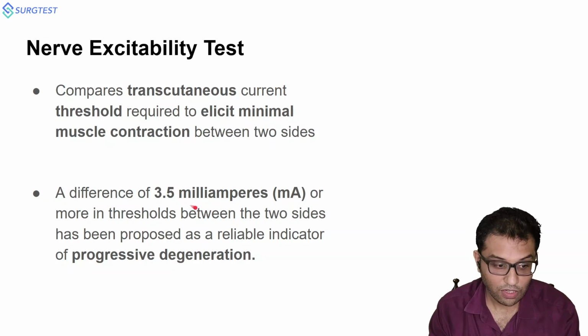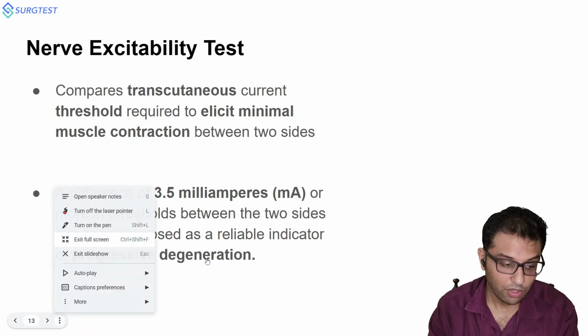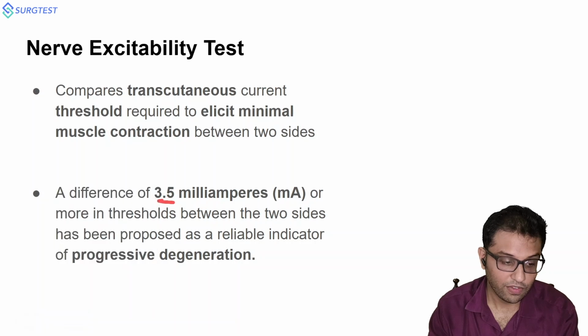If there is a difference of 3.5 milliampere or more in thresholds between the two sides, it has been proposed as a reliable indicator of progressive degeneration. You should remember this value: a difference of more than 3.5 between the thresholds is a sign of progressive degeneration.